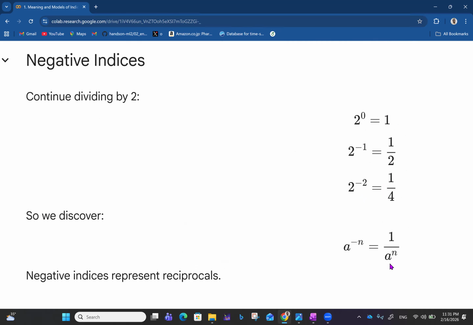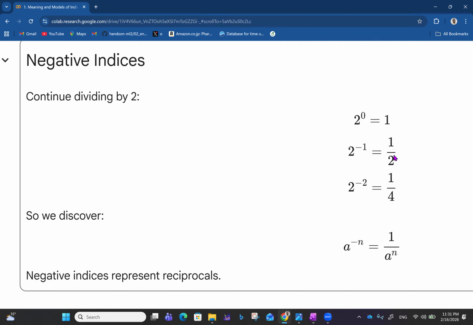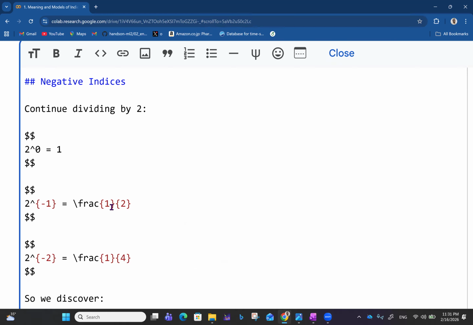So a raised to power minus n is 1 over a raised to power n, because 2 raised to power minus 2 is 1 over 2 raised to power 2, because 4, in fact, we can actually do this. We have 2 raised to power minus 1 is 1 over 2, like that. So this is now equal to 1 over 2 raised to power 1.